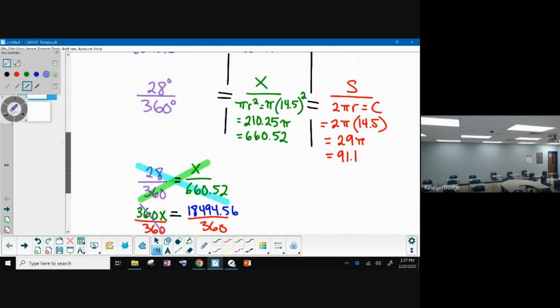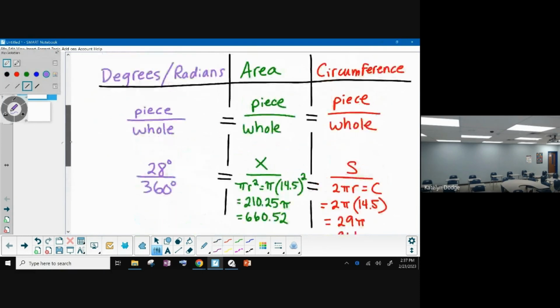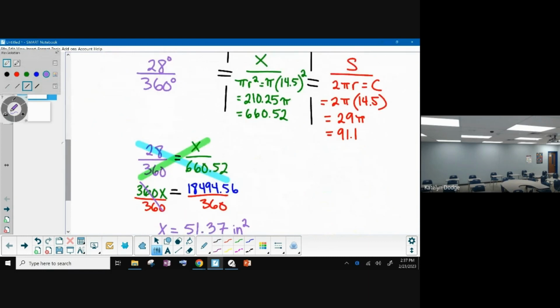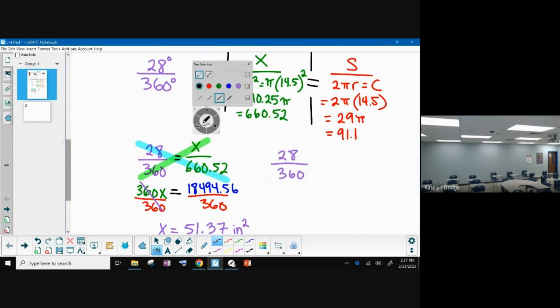And again, I can just use my degree piece over whole, just like I used for the area of the sector. My setup is very similar. So I'm going to take 28 over 360. I'm going to set that equal to the arc length, which we don't know what the arc length is. The total circumference we already calculated is 91.1.